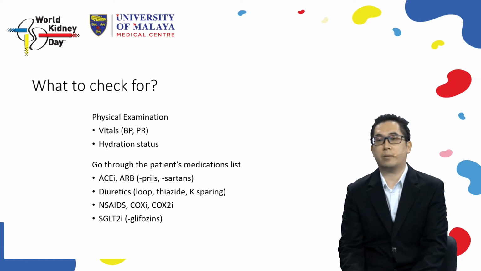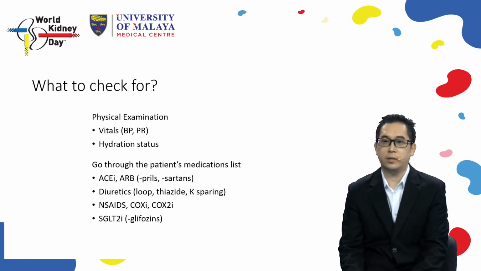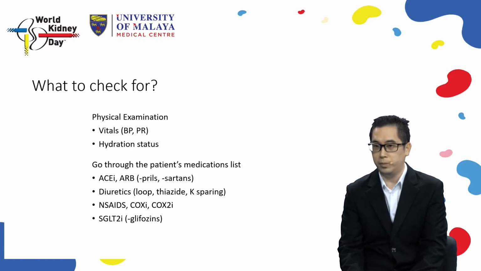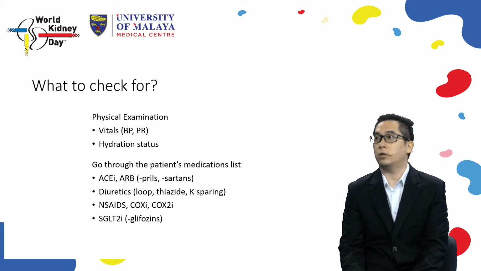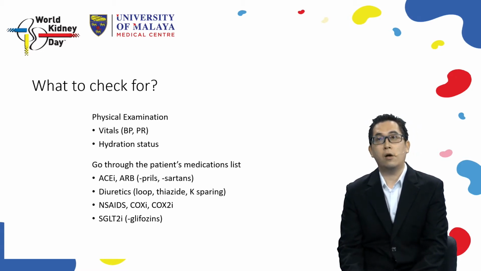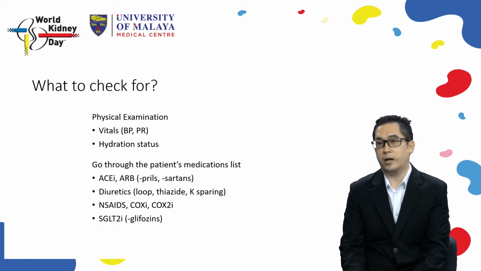Diuretics, because they act by promoting diuresis, could potentially lead the patient to a state of hypovolemia. These include loop diuretics, thiazide, and potassium-sparing diuretics. Common examples we see in the ward are furosemide, hydrochlorothiazide, or spironolactone.